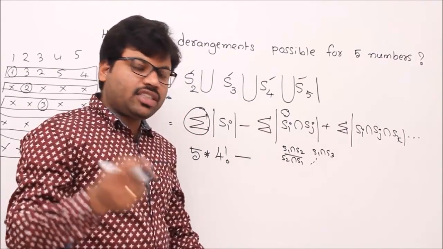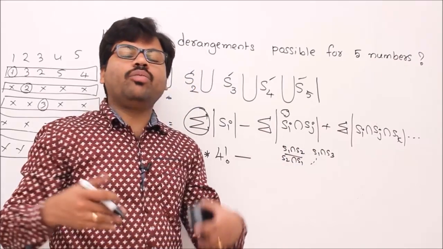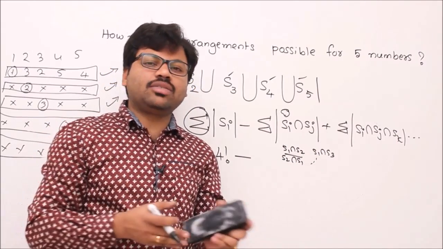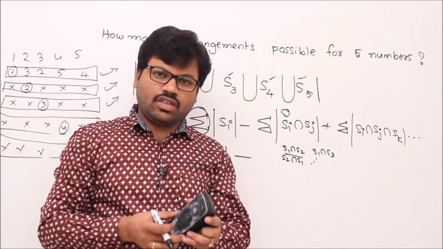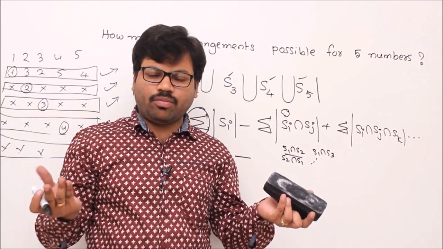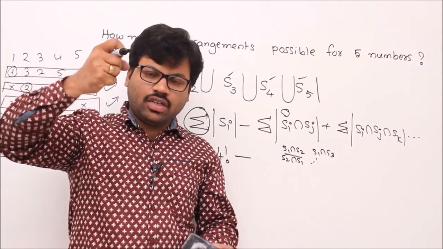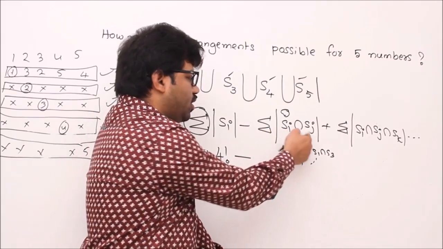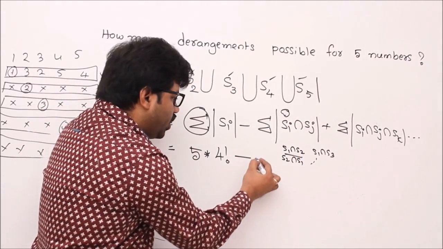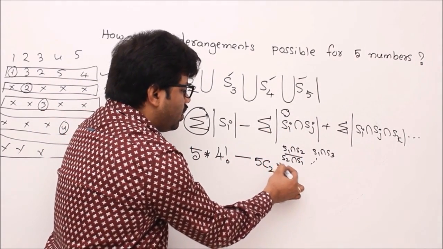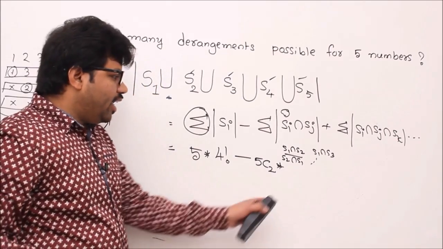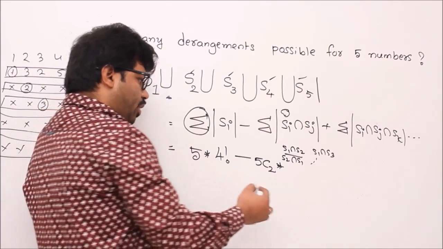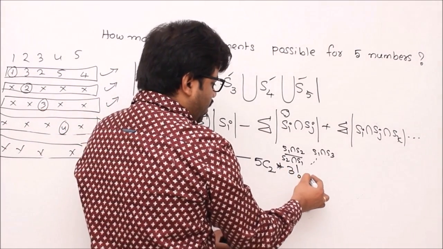It's like a combination of 2 sets. How many 2 combinations are possible out of 5 sets? 5C2. It's a selection problem. Out of 5 sets, if you take any 2 sets, that will form this combination. So that's why there are 5C2 combinations, isn't it? And each combination's value we have computed, which is 3 factorial.